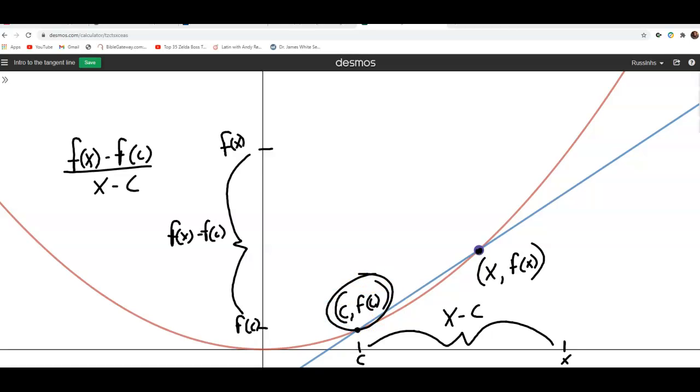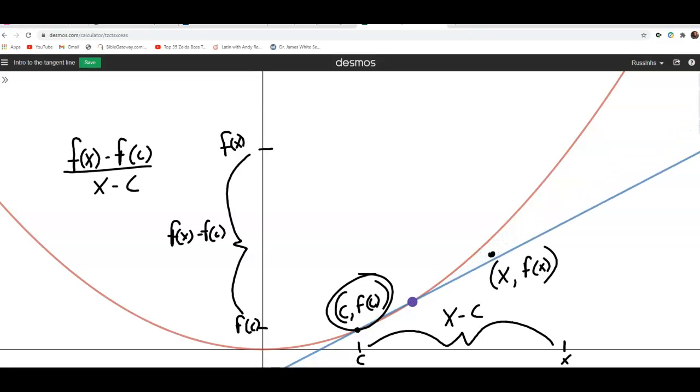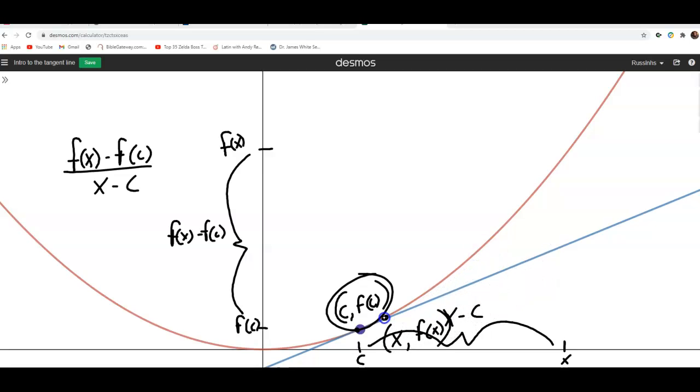In other words, I'm going to keep moving this point along until the points become 1 and we have a tangent line, right? Well, in that case, what I'm doing is I'm letting the x approach c. The x is getting closer and closer to c. All right? So that's the idea there.